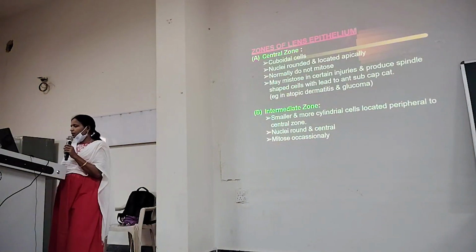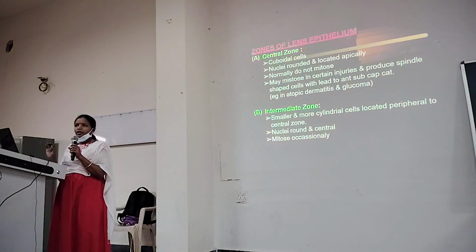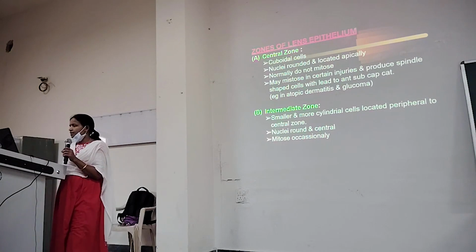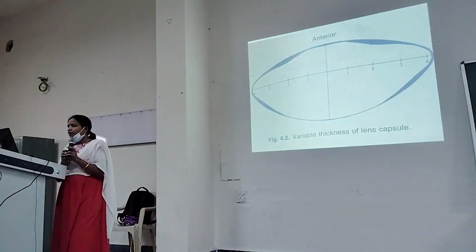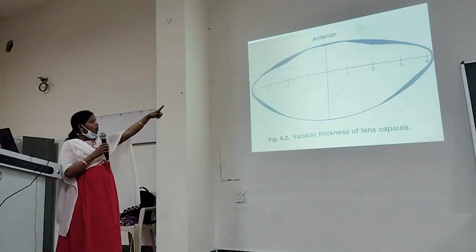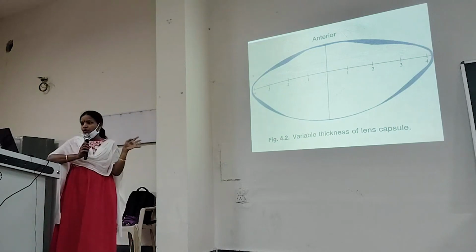Coming to lens epithelium, it is actually a cuboidal lining. Cuboidal cells, and they don't have any tight junctions. And the lens epithelium is the active portion of the lens. The epithelium is present just below the capsule all around in the embryonal stage.